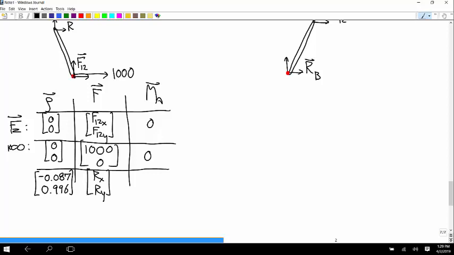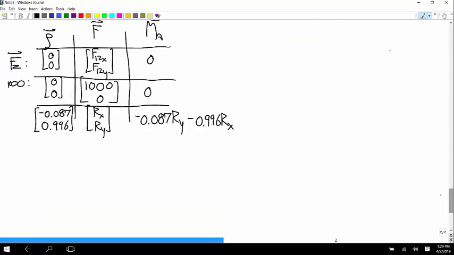So the cross product is negative 0.087 Ry minus 0.996 Rx. And so our first equation says F12x plus Rx is negative 1,000.